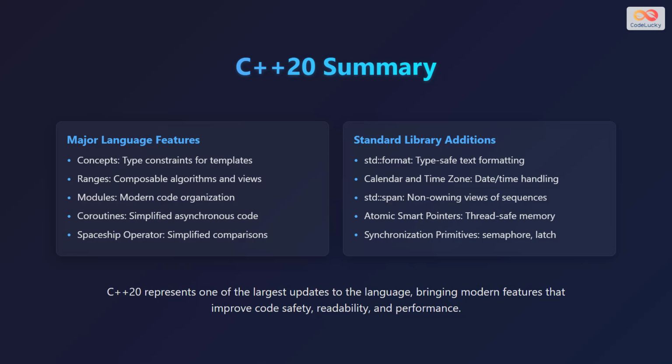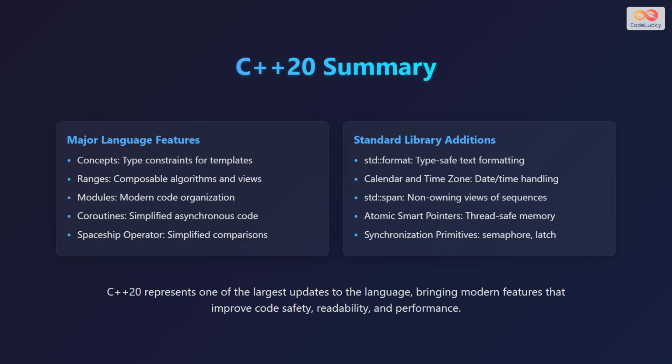In summary, C++20 introduces several major language features, including concepts for type constraints, ranges for composable algorithms, modules for modern code organization, coroutines for simplified asynchronous code, and the Spaceship Operator for simplified comparisons.